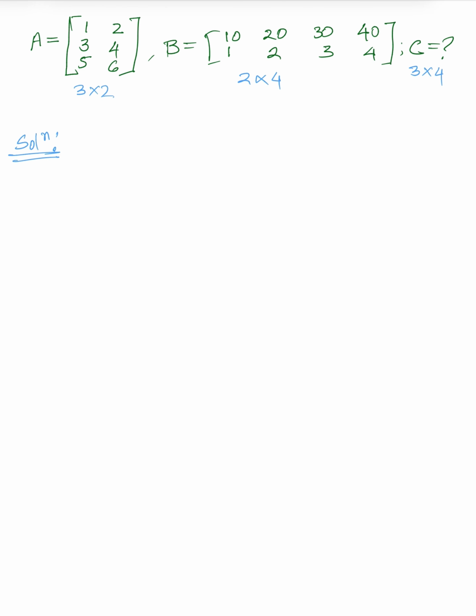So let's write this down. A, B equal 1, 2, 3, 4, 5, 6 multiplied by 10, 20, 30, 40, 1, 2, 3, 4.